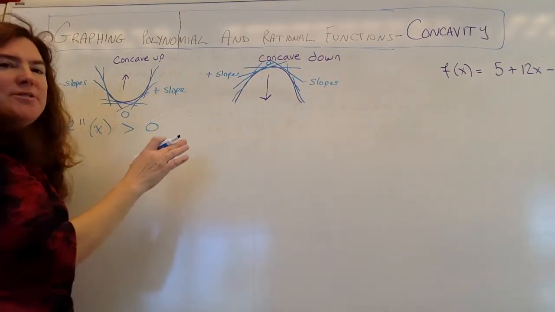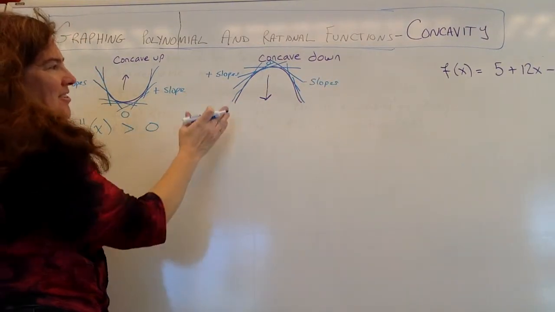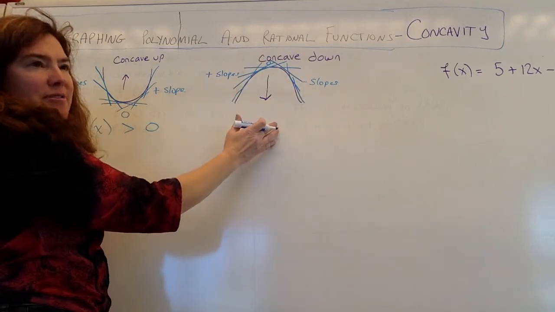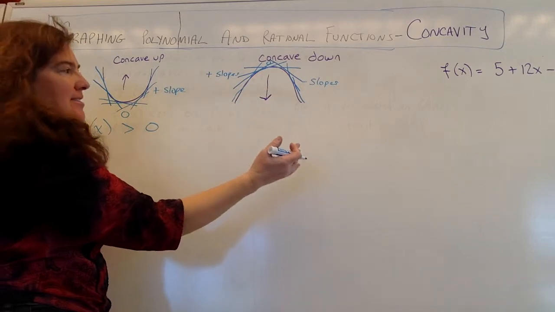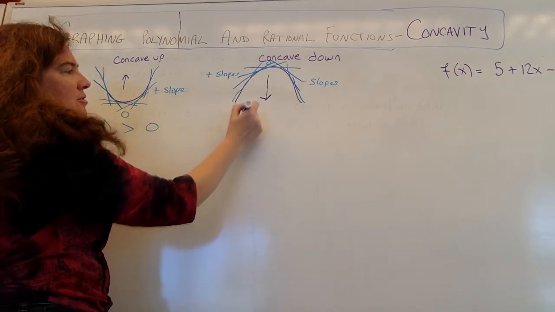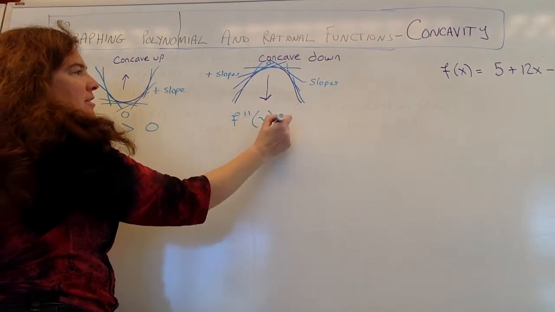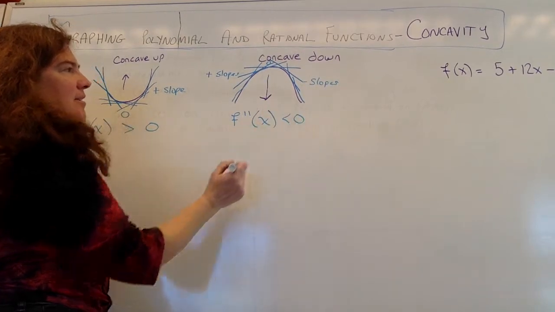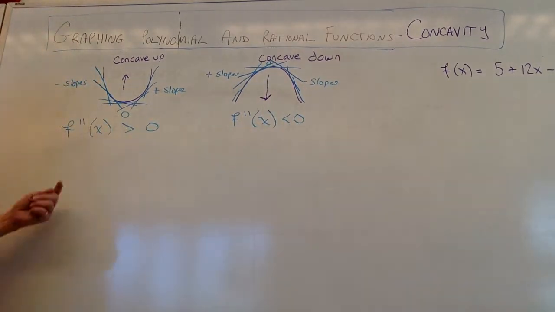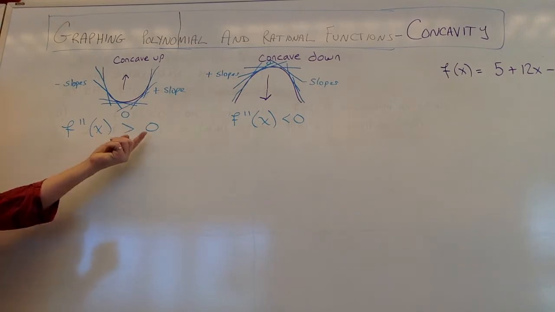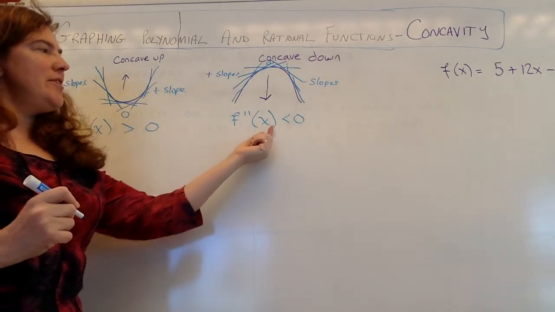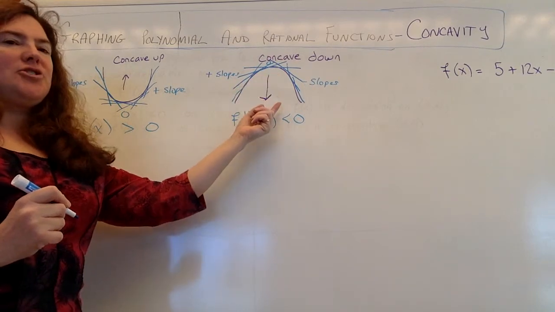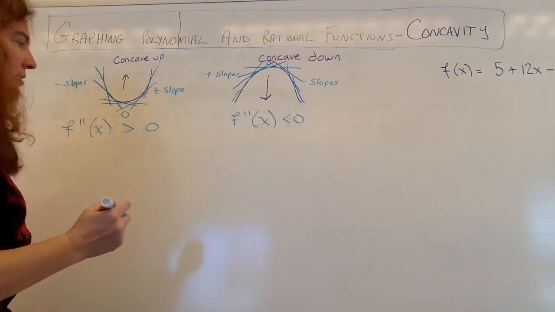It means my slopes are decreasing. My first derivative is decreasing. So its derivative is negative. So the second derivative is negative. So where my second derivative is positive, I'm concave up. Where my second derivative is negative, my function's concave down.